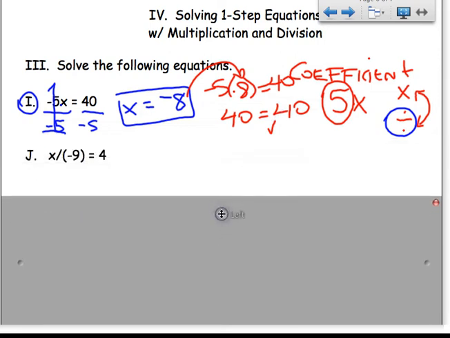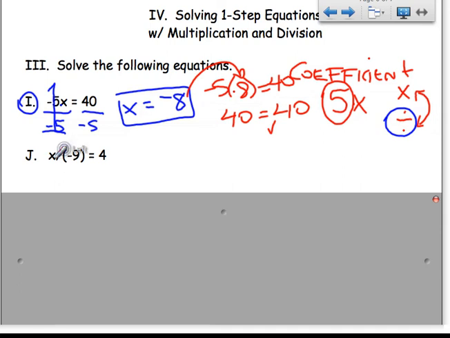Let's try one more. I have now division in this problem that says x divided by negative 9, and just for a little help I'm going to rewrite it: x divided by negative 9 equals 4. This time, since I see division, I'm going to be using multiplication to solve. I'm going to be multiplying by the coefficient, which I see is negative 9.